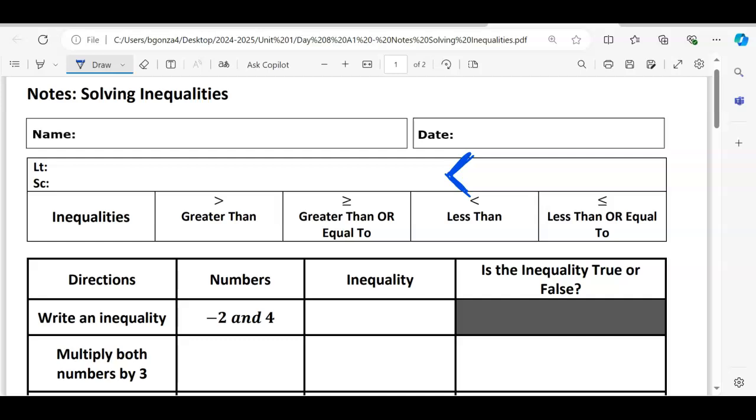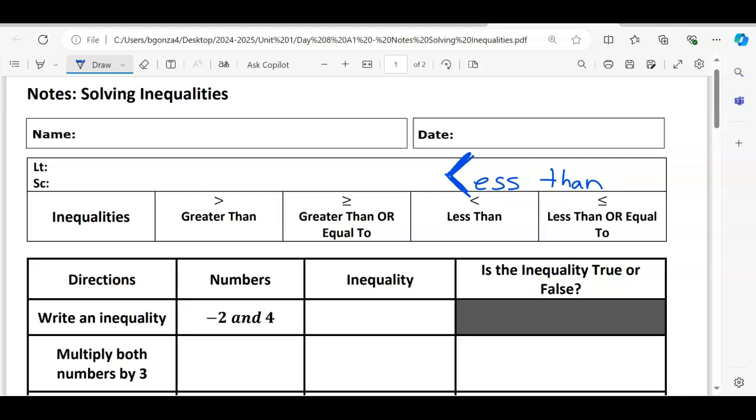Okay. Now, how do I know that's a less than sign? Well, one way is that it kind of looks like an L. Less than. Isn't that a cool trick? Looks like an L, it's a less than sign. Another way to remember that is that it's pointing to the left.